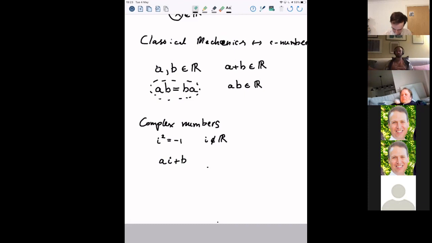So the complex numbers are denoted with this little symbol, and multiplying a complex number and adding a real number to it is again an element of the complex number plane. So it's a number in the sense that you can add things, you can multiply them, and you're still within the same set.